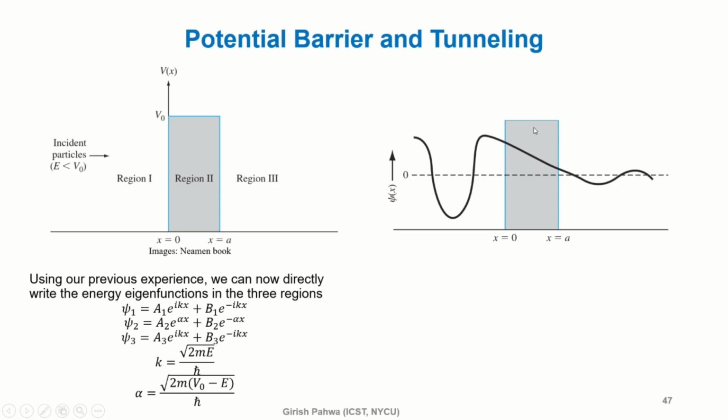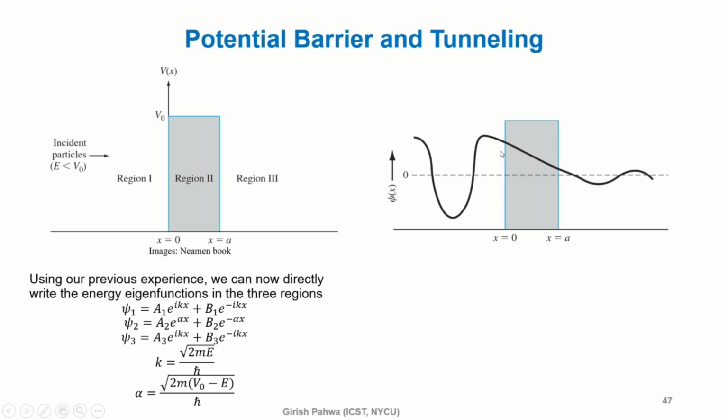If this barrier were small, but still V naught is larger than E, then this amplitude will be comparable to this amplitude. If the barrier becomes very large, then this amplitude will become much smaller. The particle will not tunnel. So amplitude means the probability density.